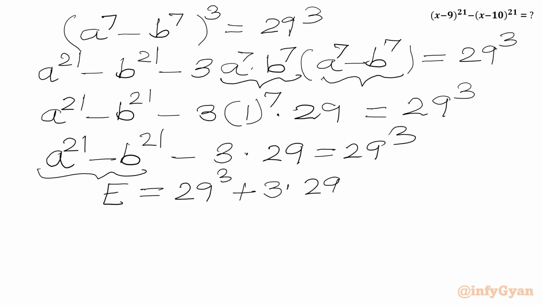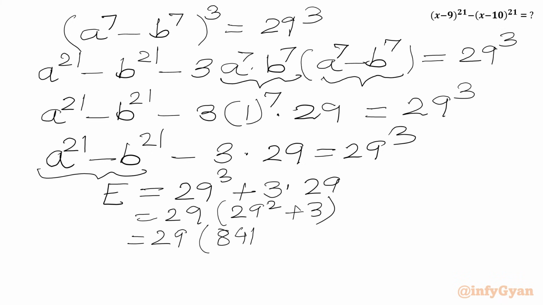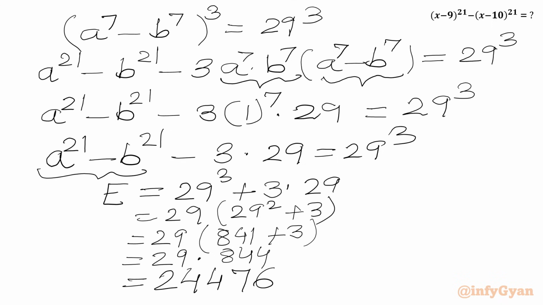We will take 29 common out. So we can write 29 in the bracket, 29 square plus 3. Now 29 square is 841 plus 3. We will get 29 times 844. If we multiply both the numbers, we are going to get 24,476.